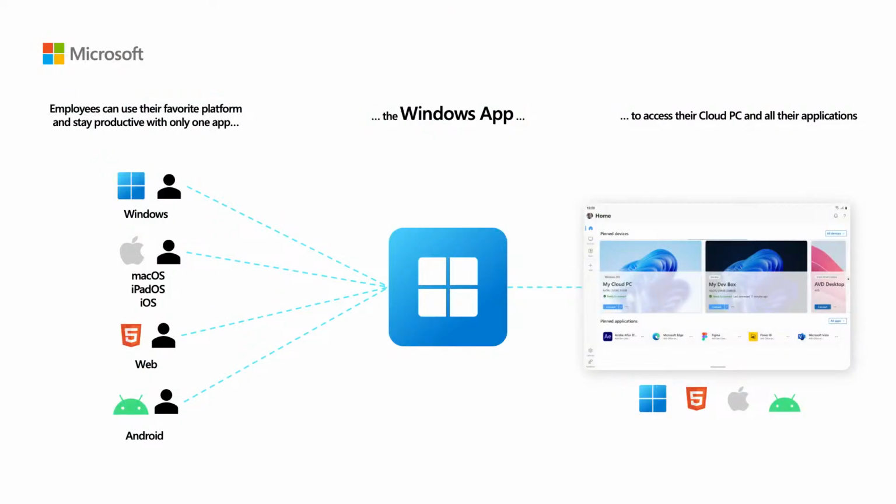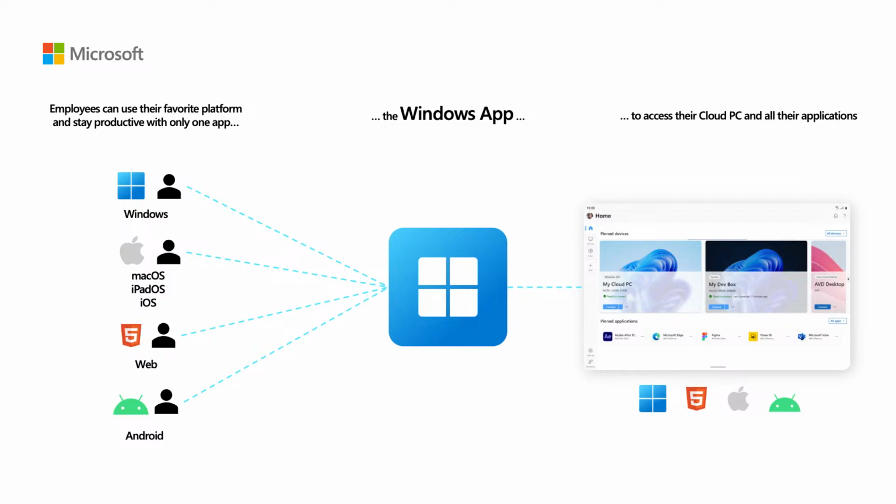I remember you prepared a great slide that sums it all up nicely and explains the vision even better. Can we jump into that as a level set for the audience as well? Yeah. So as you can see on the screen, our users may be coming from any number of physical device platforms, right? Within a user's day or within a user's work month, they might be traversing many platforms. I might be on my iPad today and my Windows PC the next day.